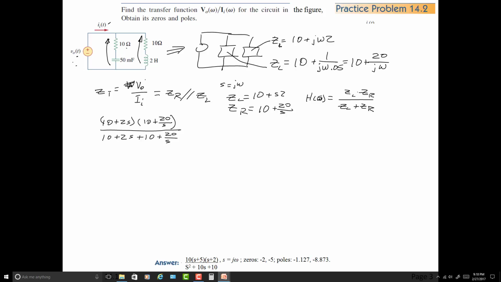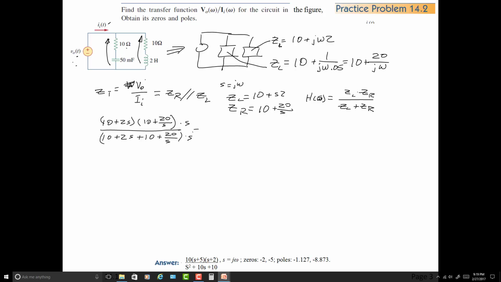Let's clean up the S's at first. So in other words, I'm going to multiply the top and bottom by S, right? I'll multiply this by S over S times S, and all of this times S.